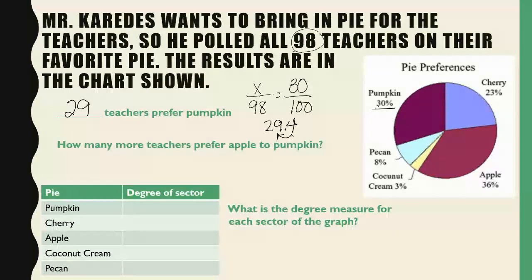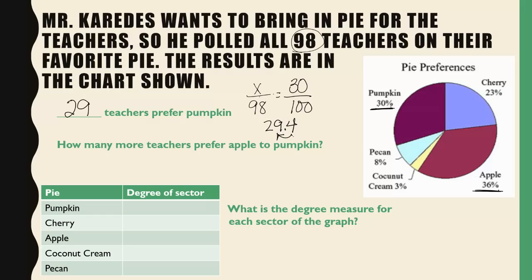Now the next question is, how many more teachers prefer apple to pumpkin? You can see that pumpkin is 30%. Apple is 36%. Now there's a couple ways we could approach this, okay? We could find the number of teachers that like apple by taking 36% of 98 and then subtracting the 29 that we already know like pumpkin.